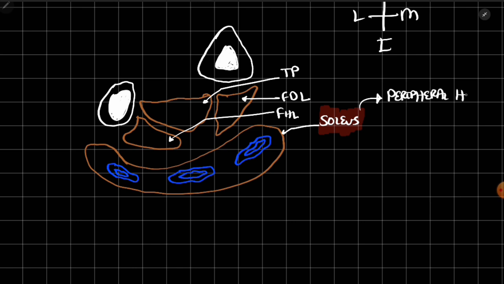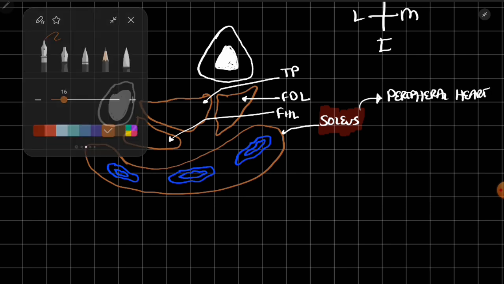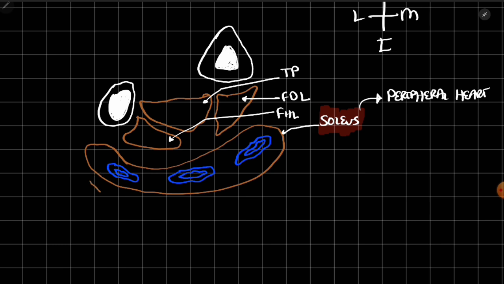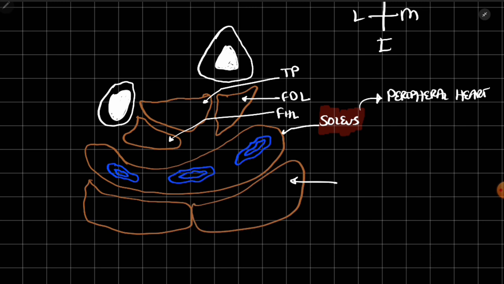I will discuss in a short while. Just let me draw the 2 muscles, complete the 3-1-2 rule. So basically the 2 muscles are like this. This is the medial head of gastrocnemius. Remember the popliteal fossa.